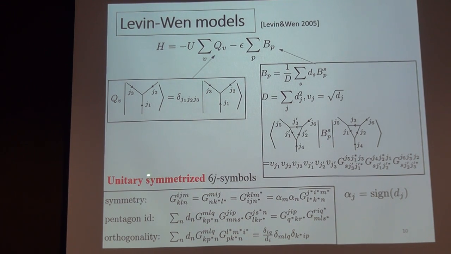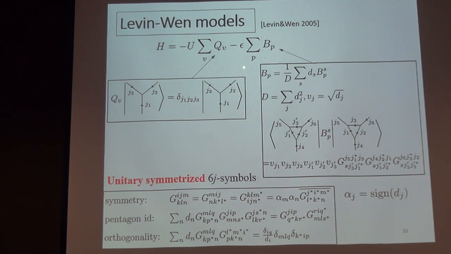When I say symmetrized, they satisfy these conditions. We already know this in SU(2) representation theory: there are some phase conventions to fix the signature symbols, or, in the lower-level case, the Clebsch-Gordan coefficients. We need some phase conventions to fix these data.